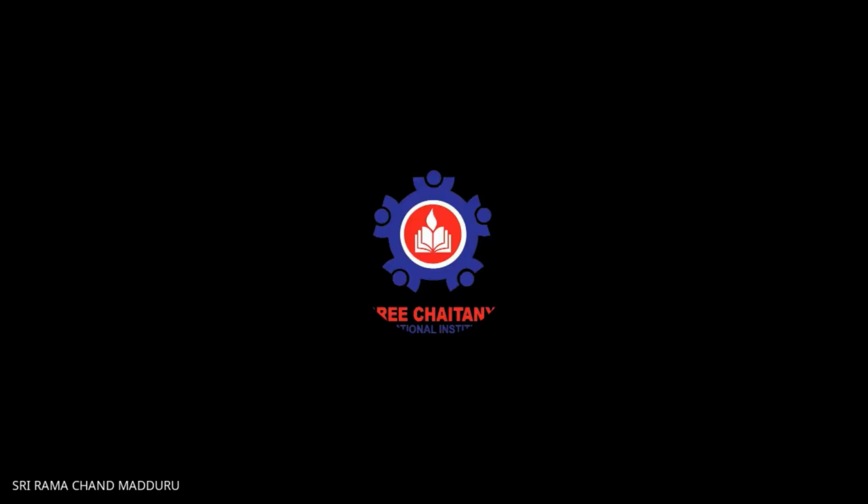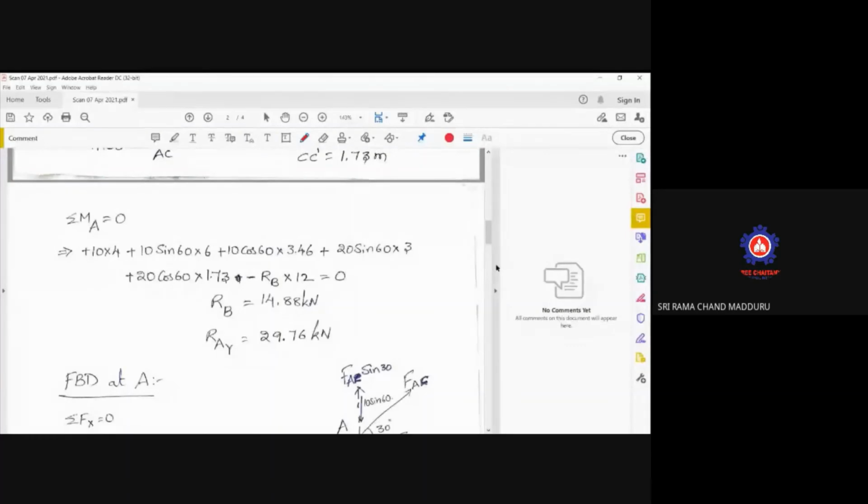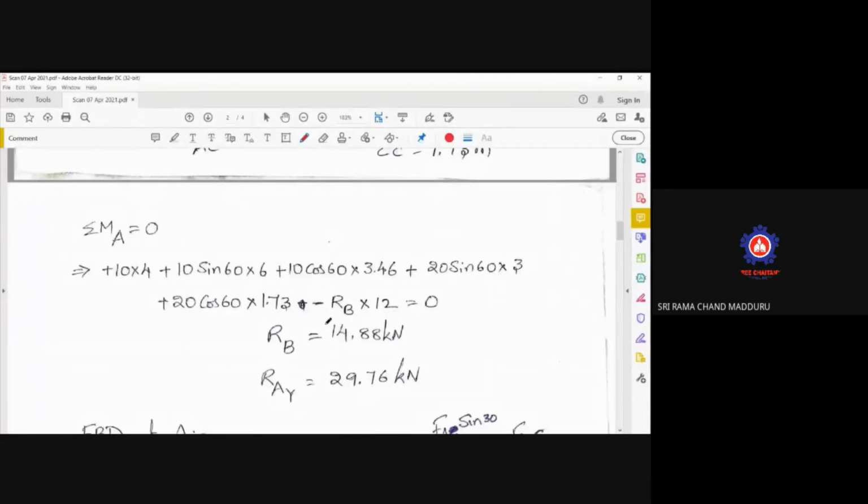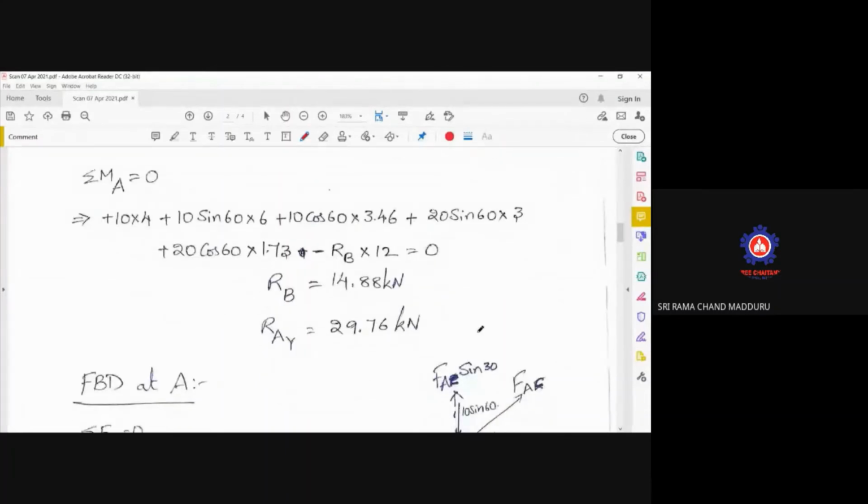Let me go back to our PDF, there I am showing you. See this, these are the final values. RB is 14.88, RAY is 29.76 kilonewtons.